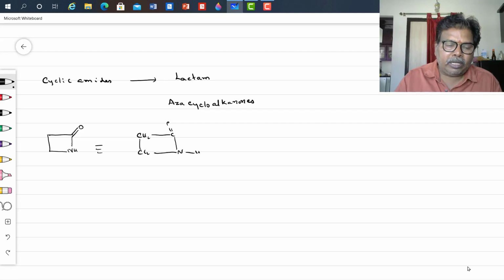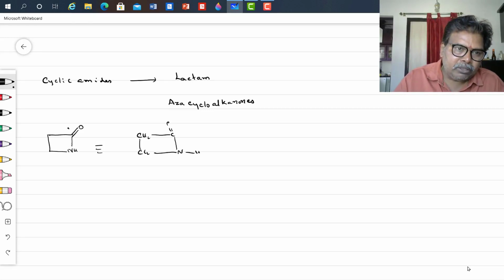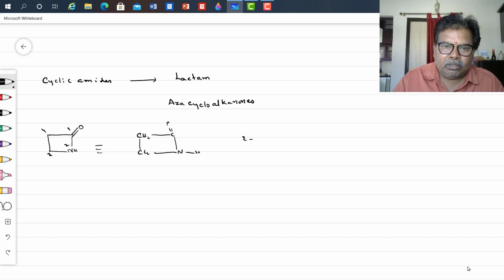This is treated as cycloalkanone in which NH is present as a substituent. So 1, 2, 3, 4. So this is called 2-aza cyclobutanone.